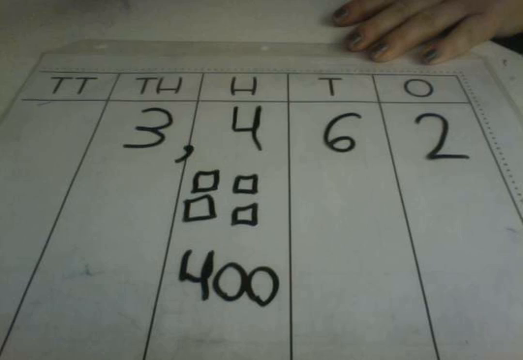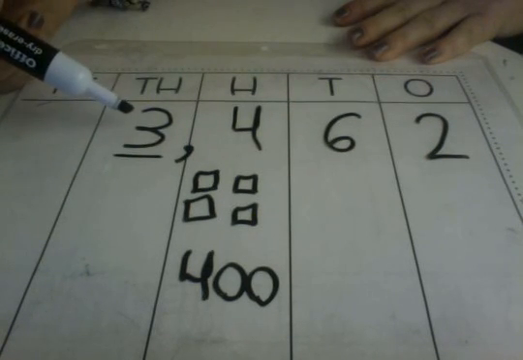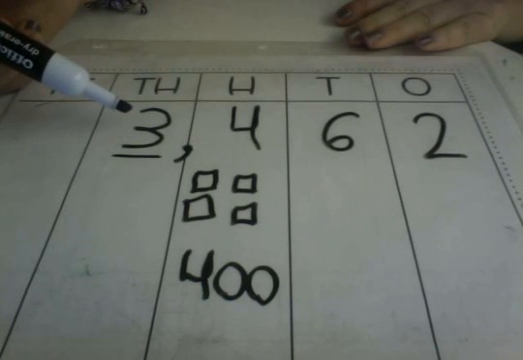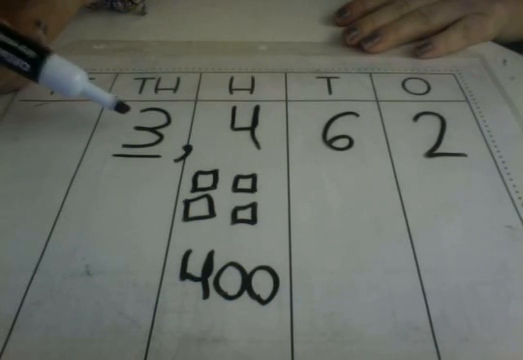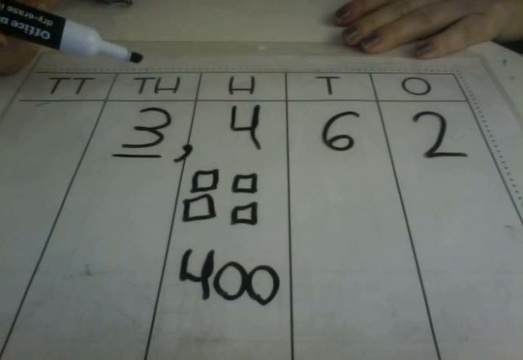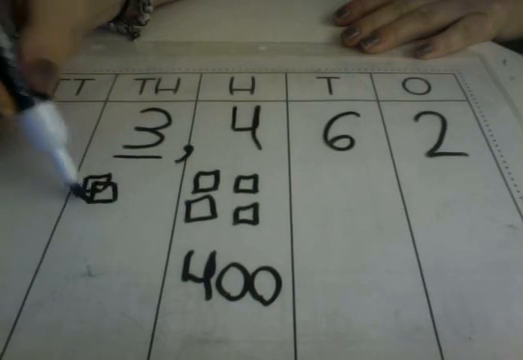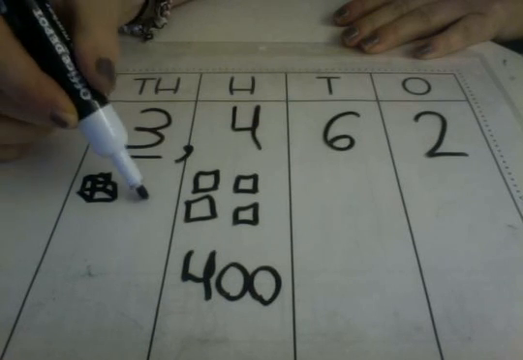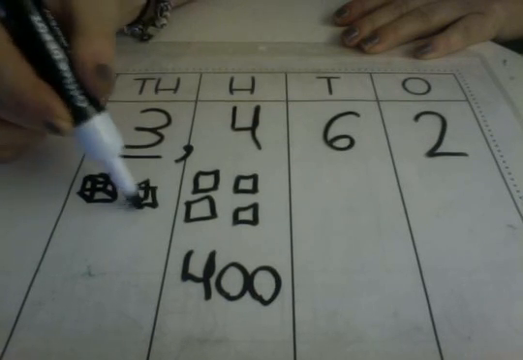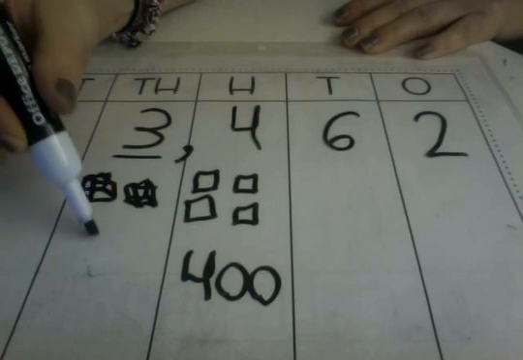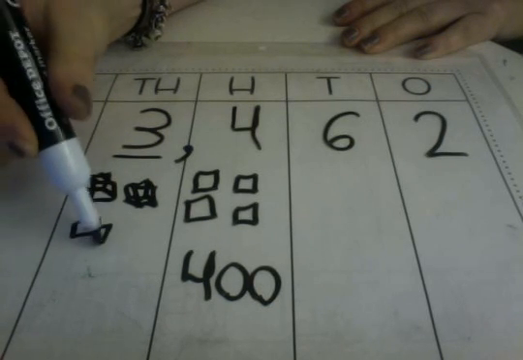Let's take a very quick look at this digit here. We know that this is the digit 3, but now we have to think, what place value is it in? Well, we see that it's in our thousands place value. So if I draw out 3 thousands, remember we use our cubes. 1, 2, 3. Way to do this along with me.